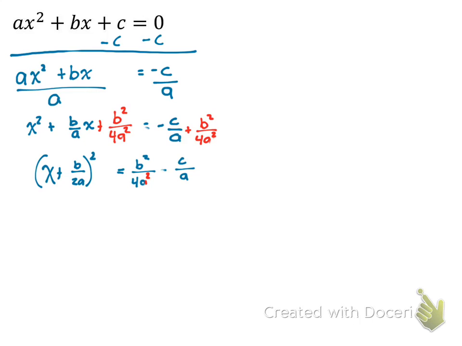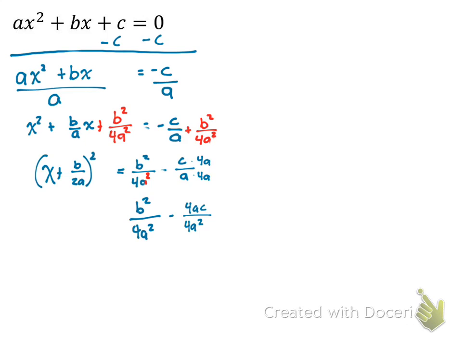Right? So what do I have to multiply this side by to get 4a squared? 4a, okay? Multiplying top and bottom by 4a, because I know I'm going to get a common denominator of 4a squared. So we got b squared over 4a squared, minus c times 4 times a, which is 4ac, all over 4a squared.